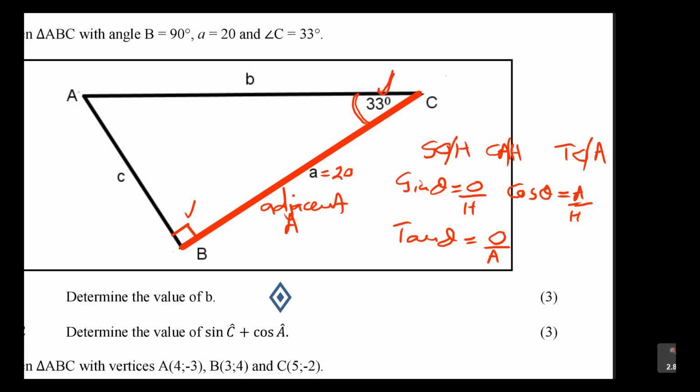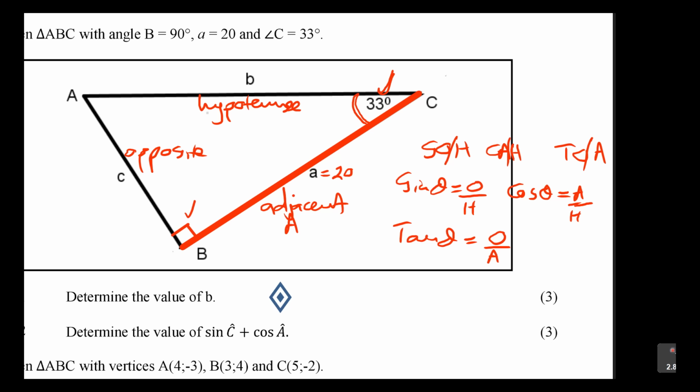Then the longest side, you always know, is the hypotenuse. Hypotenuse is always the longest side. Then the other side is automatically the opposite side.